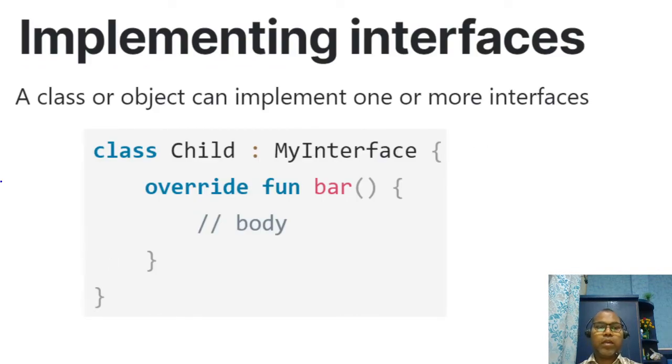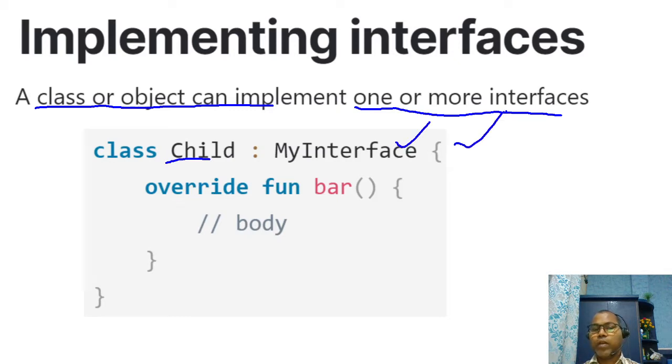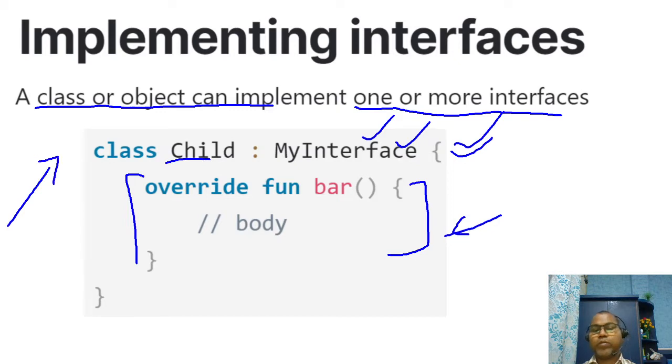So any class or object can implement one or more interfaces. Here your child class can implement interface 1, can implement interface 2, and this child class must override all the unimplemented methods of interface 1 and interface 2. If they are not providing any one of these implementation methods, then this class cannot be a concrete class. This class should be abstract.